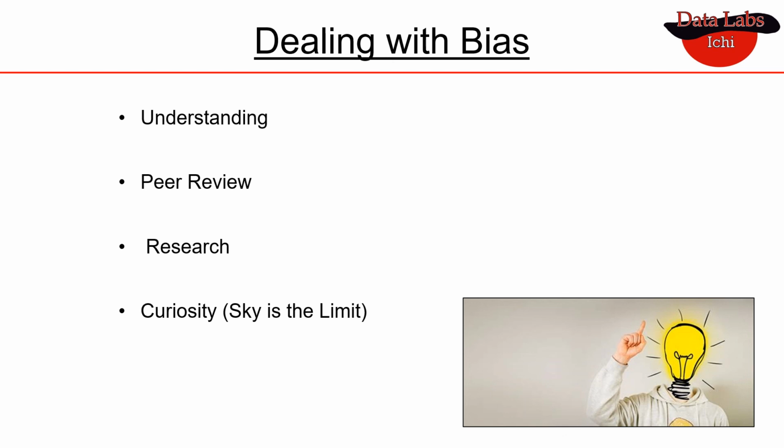Just be curious. Always be hungry for more information. Always be hungry for trying to identify why certain people believe certain things, why certain groups act in certain ways. It's all part of being curious, and it can help you deal with bias in the end.